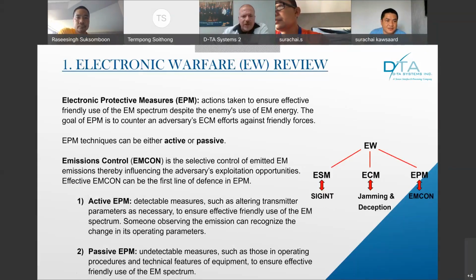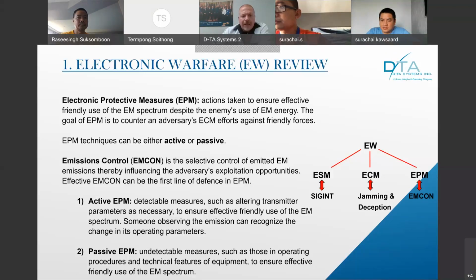Electronic protective measures, or EPM, are actions taken to ensure effective friendly use of the electromagnetic spectrum despite the enemy's use of EM energy. The goal of EPM is to counter an adversary's ECM efforts against friendly forces. EPM techniques can be either active or passive.